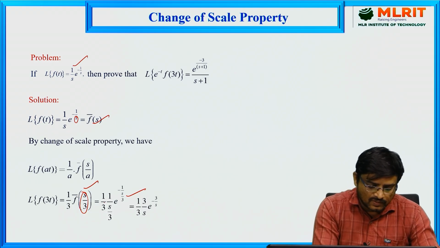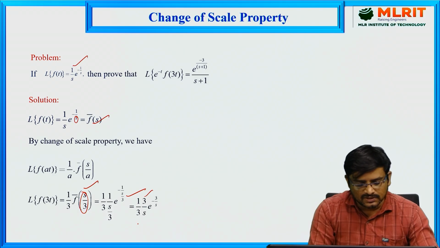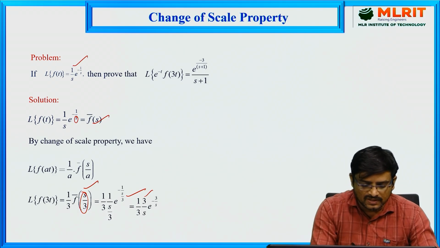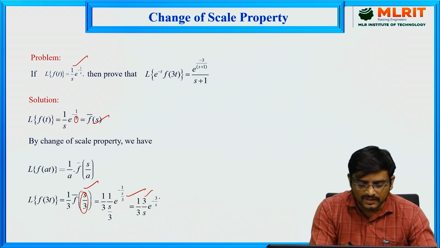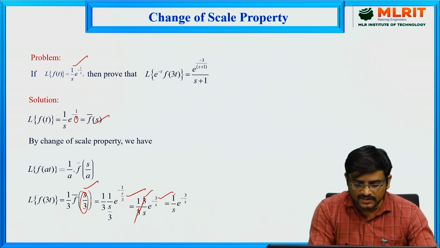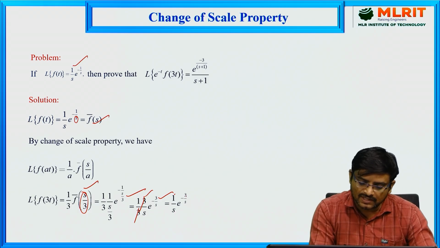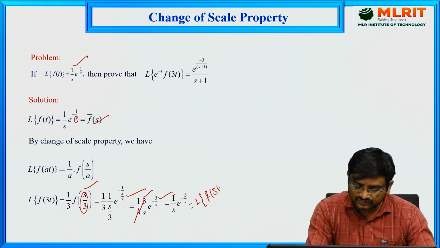So 1 by 3 into 1 by s by 3 can be written as 3 by s, and similarly e power minus 1 by s by 3 can be written as e power minus 3 by s. The 3 gets cancelled, and you will get 1 by s into e power minus 3 by s. This is the value of the Laplace transform of f of 3t.